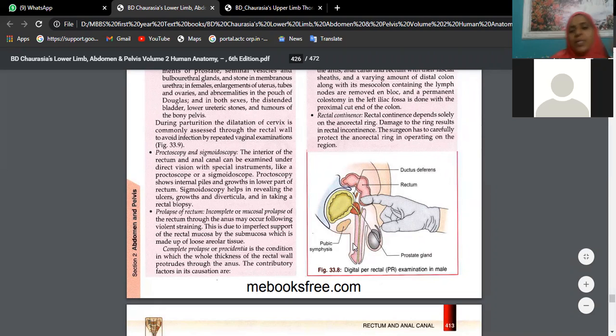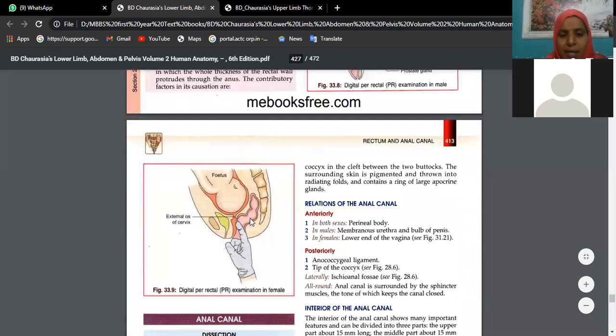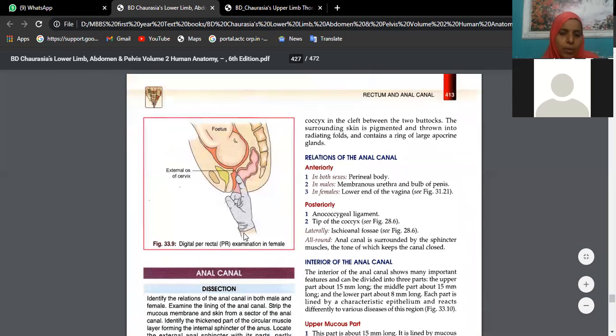This picture is to help you make out the relations of the anal canal anteriorly and posteriorly. In females, it is more clear. Anteriorly, it is related to the cervix and vagina. Posteriorly, it is related to the coccyx, and there will be the anococcygeal raphe also.